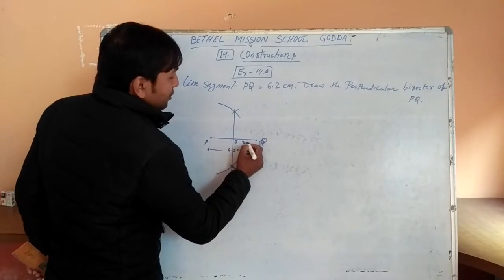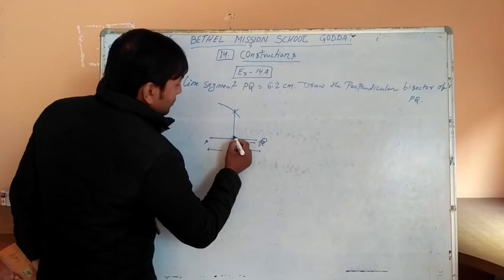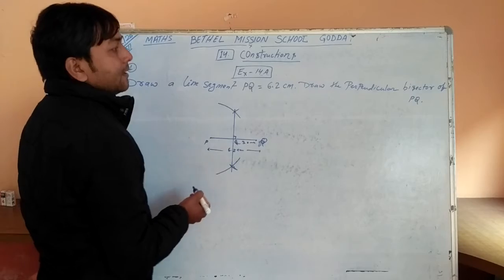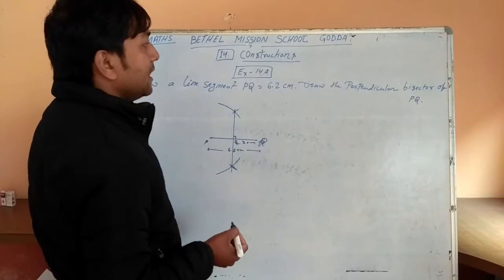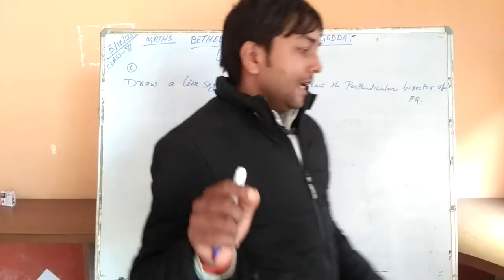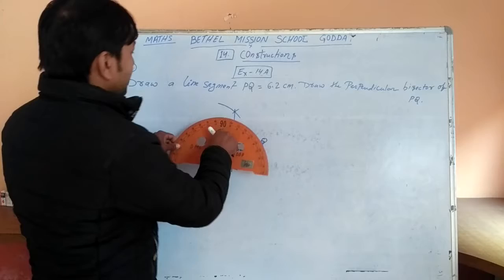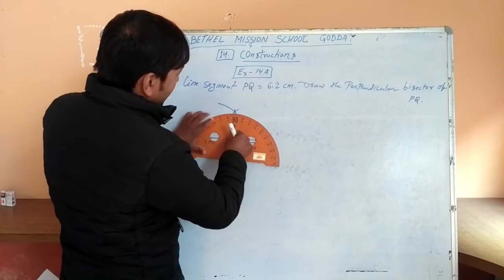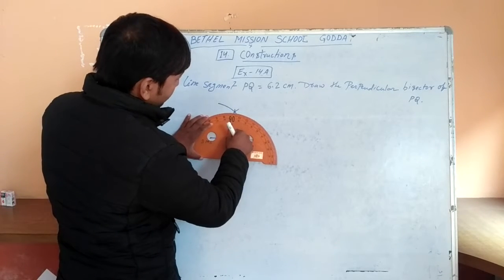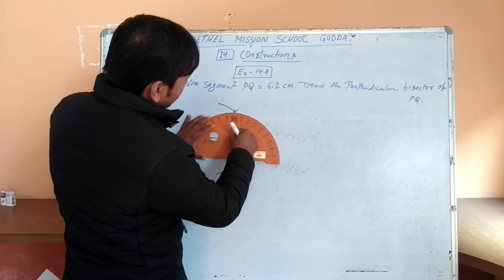So here 3.1, and also this is 3.1, and now it will be 90 degree perpendicular. Perpendicular bisector means the line should be at 90 degree. You can measure whether that is 90 degree or not. So this line is at 90 degree.